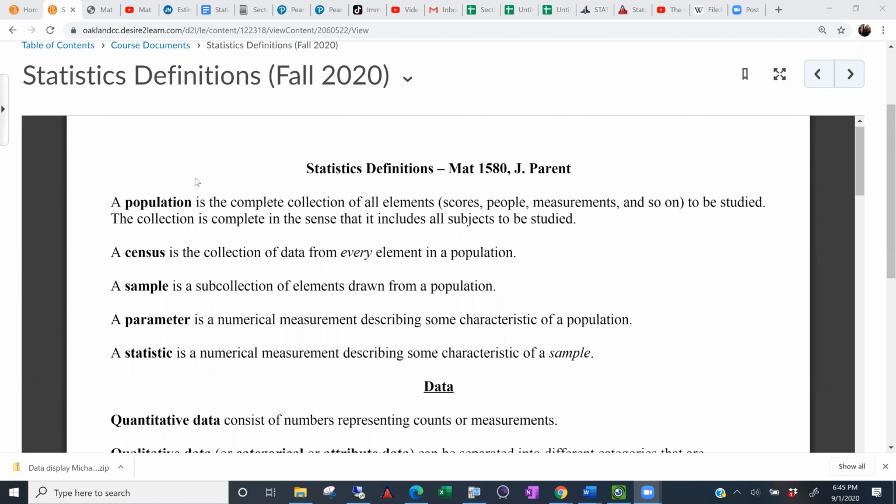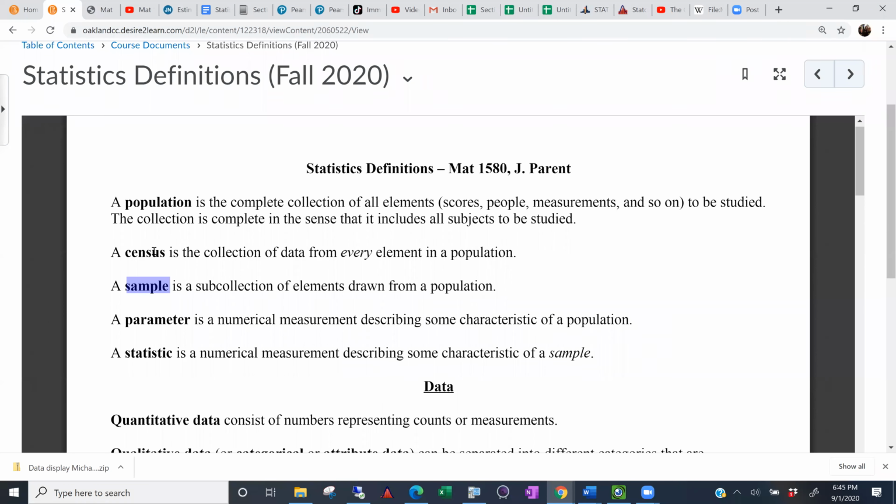Now, if you have a population and you collect data from all of it, then that's called a census, taking data from everything in your population. A lot of times that's not very practical, so you have to get by with a subset of that, and that subset is called a sample.